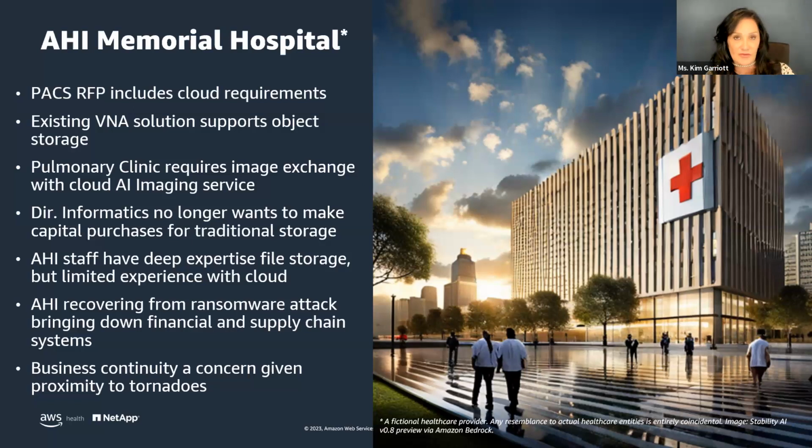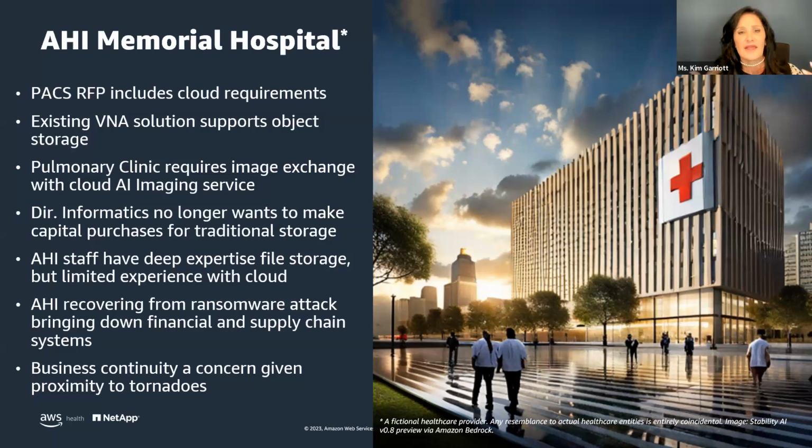We know that they have deep expertise with file storage, but limited expertise with cloud, and had a recent ransomware attack, which brought down all their financial and supply chain systems. So along with data protection, business continuance is a big concern because they're located in Tornado Alley and really need to make sure that they have geographic disparity of how and where that data is being managed.